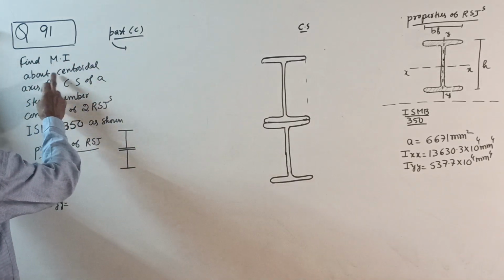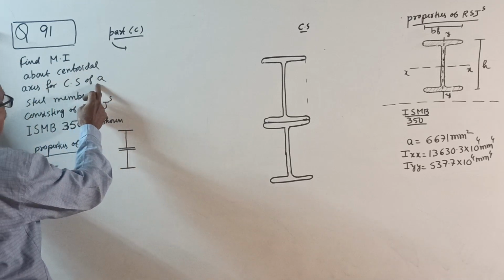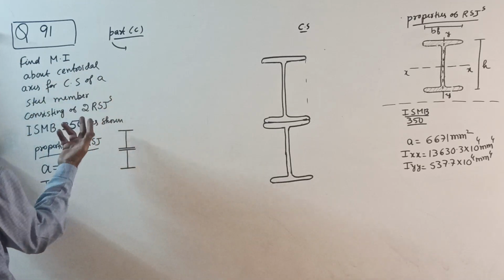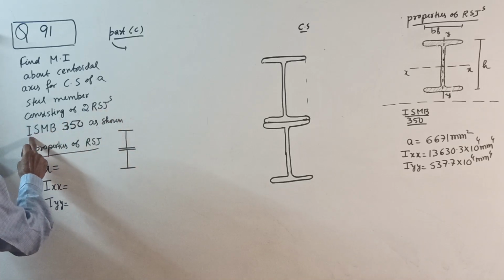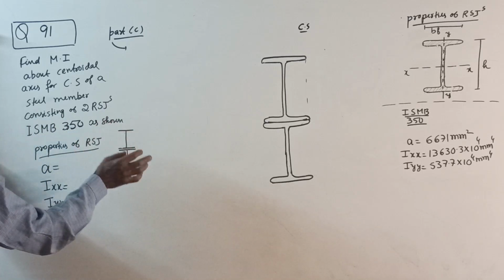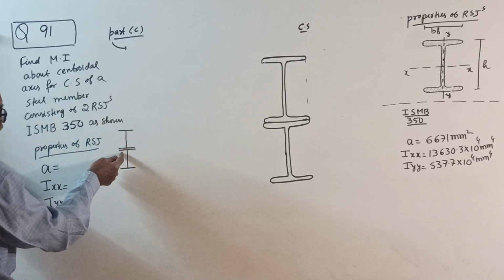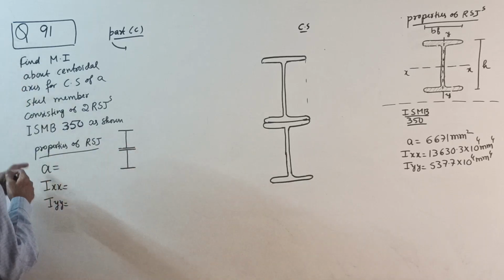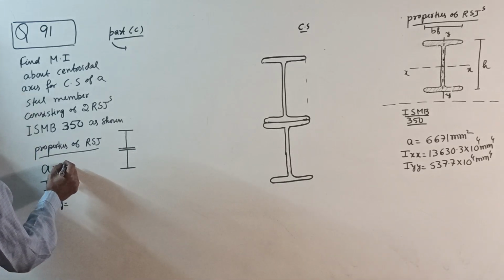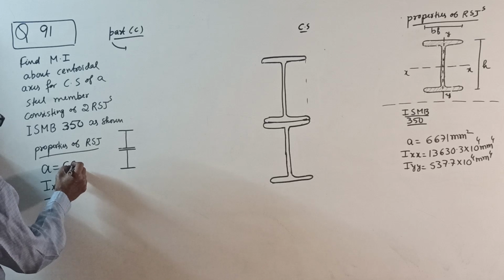Find the moment of inertia about the centroidal axis for a cross section of a steel member, some beam or column, consisting of two RSJs, ISMB 350, as shown. One I section here, and above that, one more, with no gap. It is a central line diagram. In the question, the area is given as 6671 mm square.